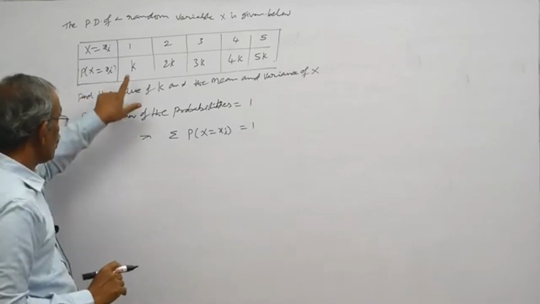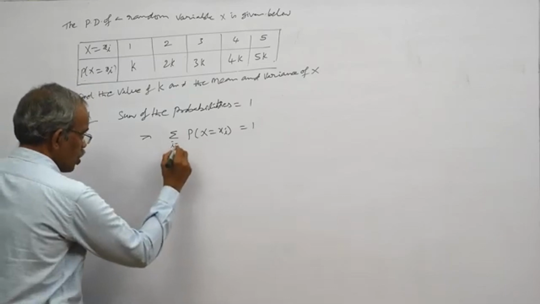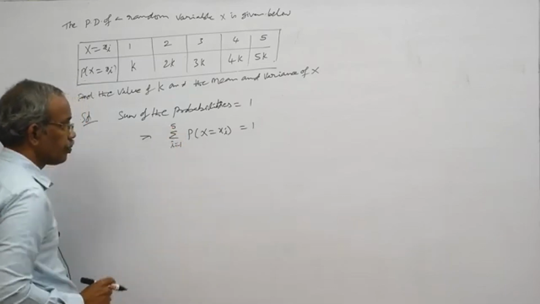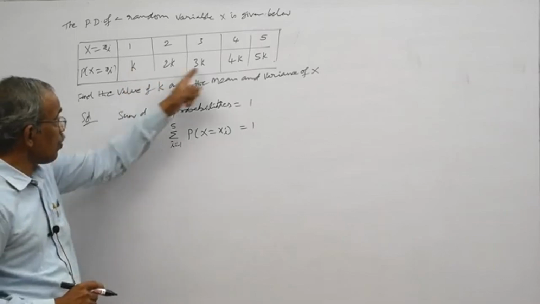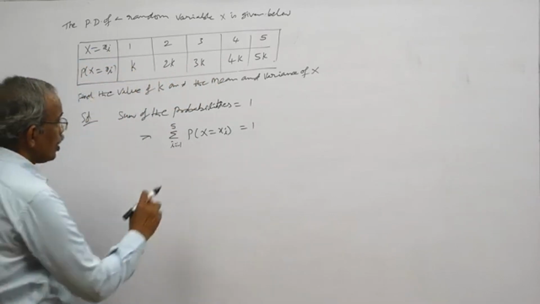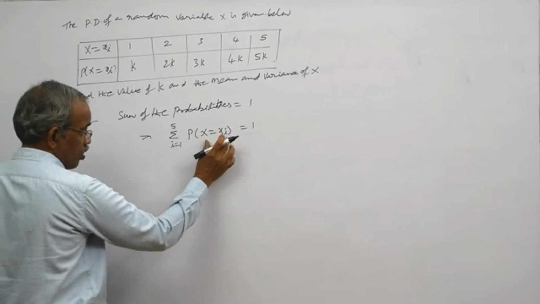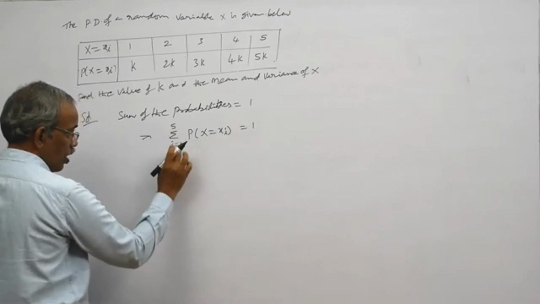Here we have 1, 2, 3, 4, 5 values, so i takes the values from 1 to 5. These are the probabilities of the random variable x. Sum of the probabilities is equal to 1 means sigma probability of x equal to xi is 1, from i is equal to 1 to 5.